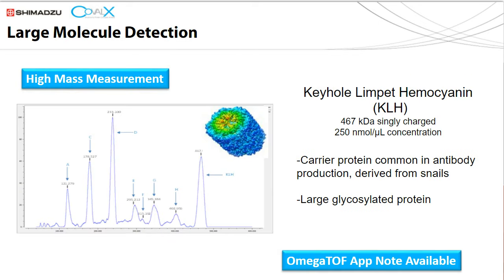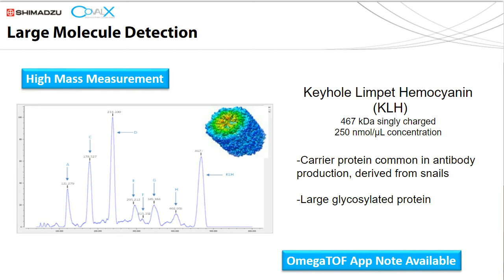Okay, here we have just another example of a very large molecule being detected with the OmegaTOF platform. So this is a KLH, or keyhole limpet hemocyanin. This is nearly half a megadalton, 467 kilodaltons as a singly charged ion.